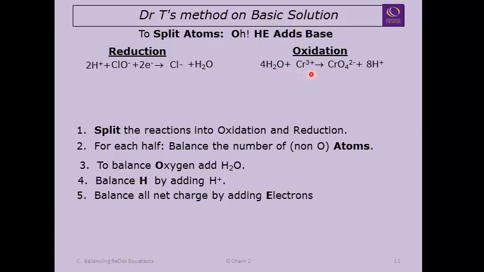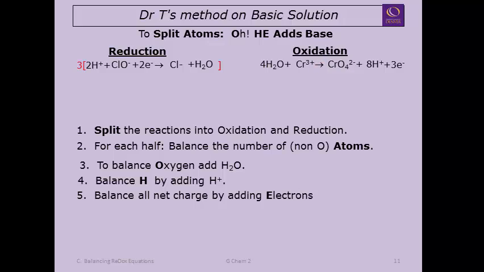It looks like I've got a net charge of a plus 3 on the left, the reactants. I've got a net charge of a plus 6 on the product side. So I somehow have to compensate for that with 3 electrons, and now these are both equal. Once again, the key is not to go to charge 0, but to go to a charge that's equal.